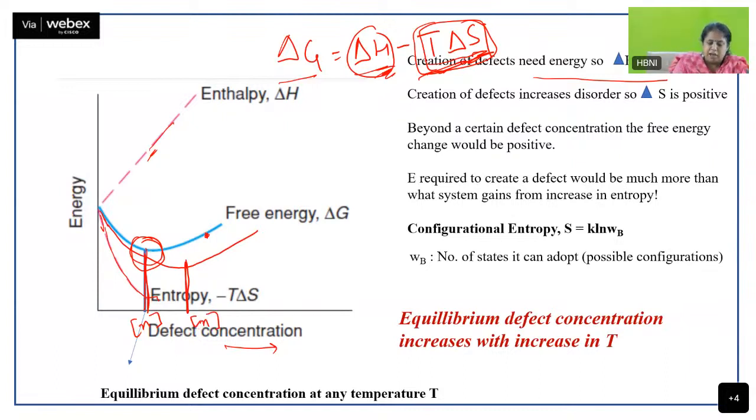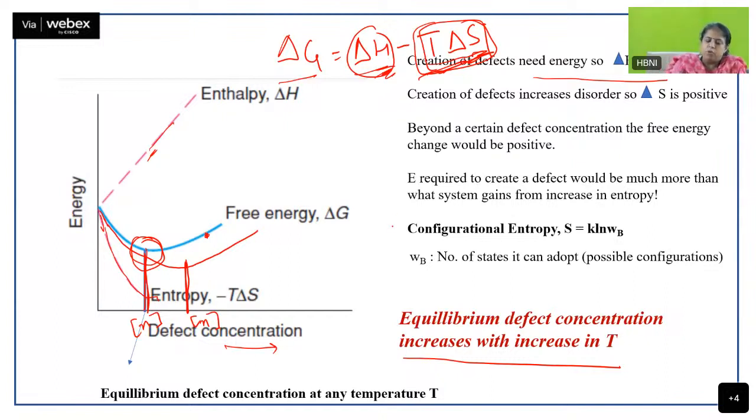That means the equilibrium defect concentration increases with temperature. So the 2 points that we take from this slide are that thermodynamic defects are necessary for entropy imparted stabilization, and an increase in temperature will lead to an increase in the number of thermodynamically created defects.